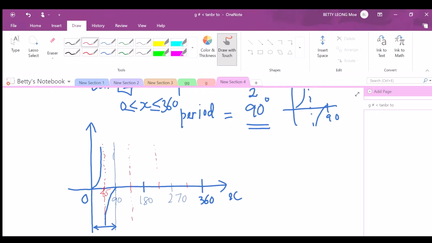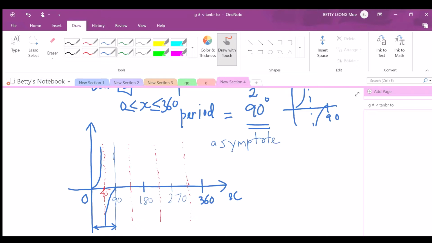And this is called an asymptote. Yeah, the infinity line.